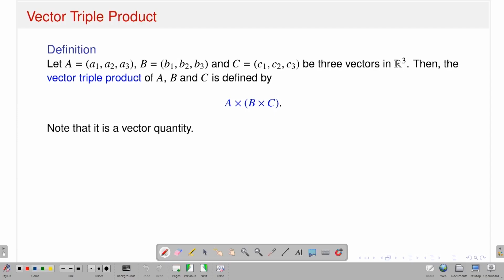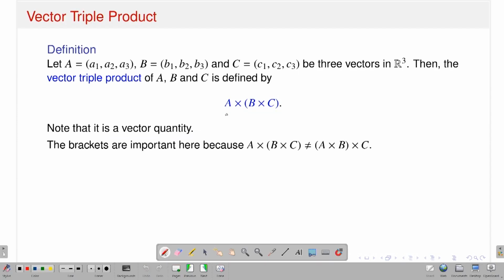Next we move to another concept, vector triple product. Here also this concept is between three vectors in R3. Let capital A, capital B and capital C be three vectors in R3, then the vector triple product of A, B and C is defined by A cross B cross C. So, first find the cross product of B and C and then do the cross product of A with B cross C. It is a vector quantity first of all.